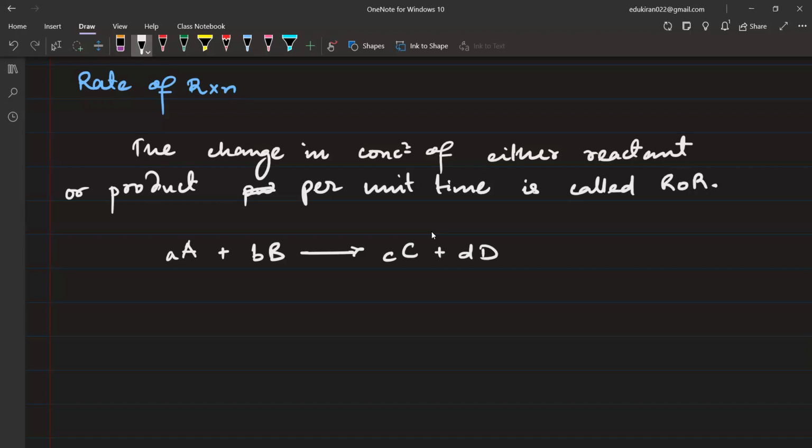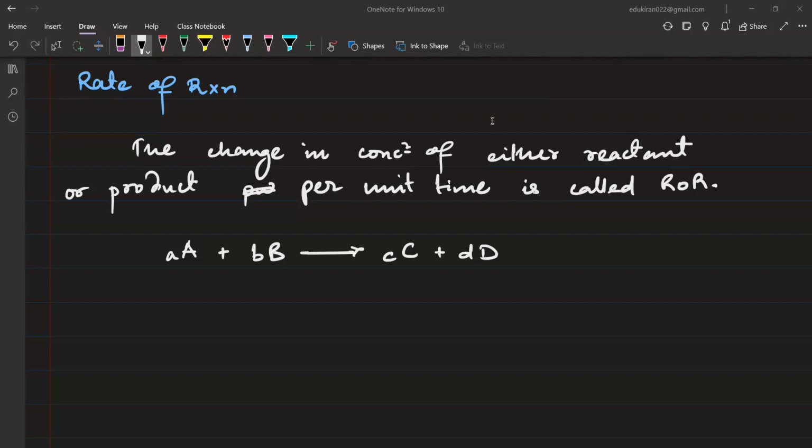Before talking about the complete reaction, we have to look at each reactant and product individually first. When we understand what is happening individually, then only can we understand what is happening in the overall reaction per unit time. So whatever I'm going to write, please don't write it now. Please try to understand this and then write it.